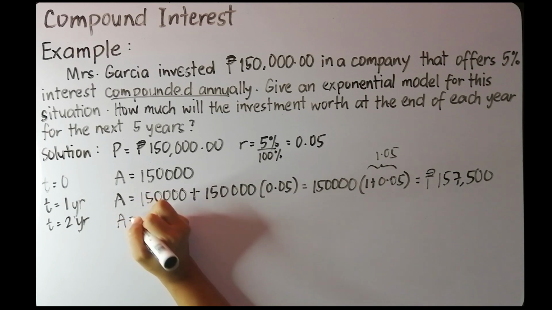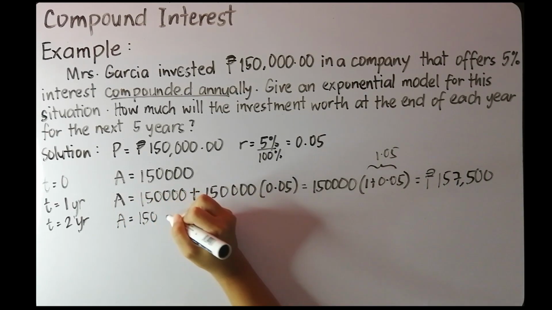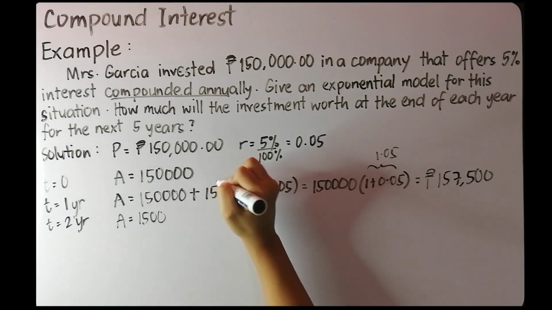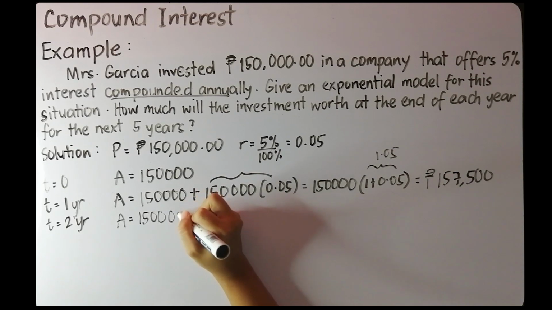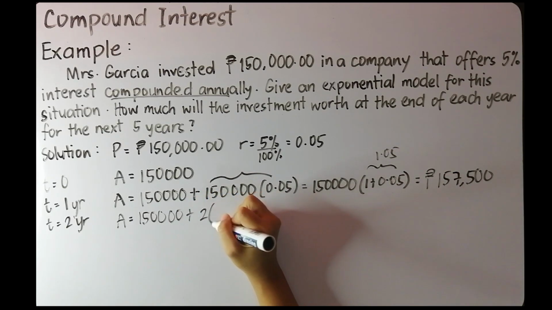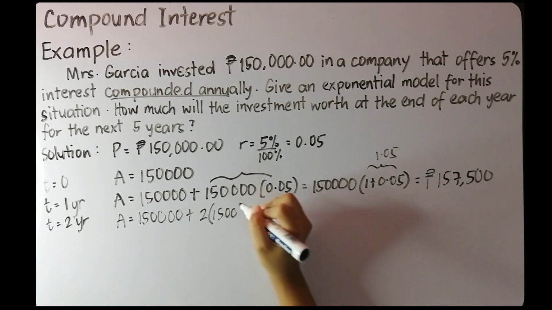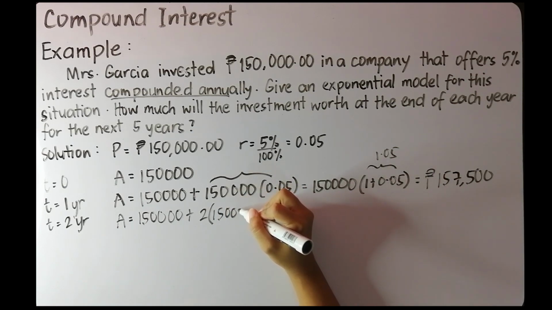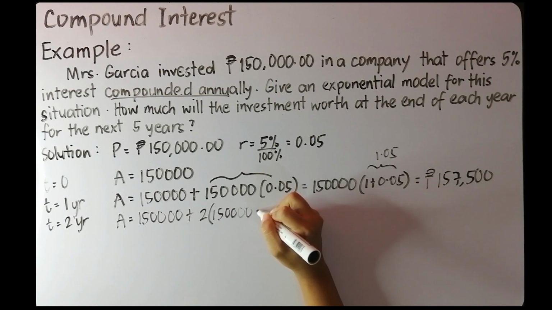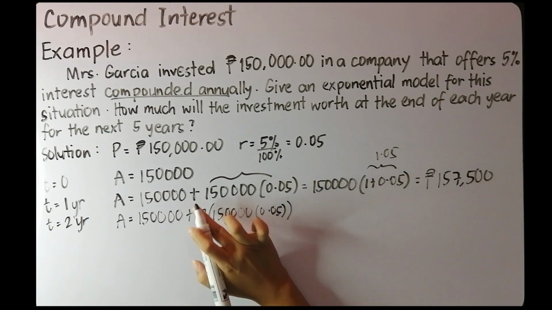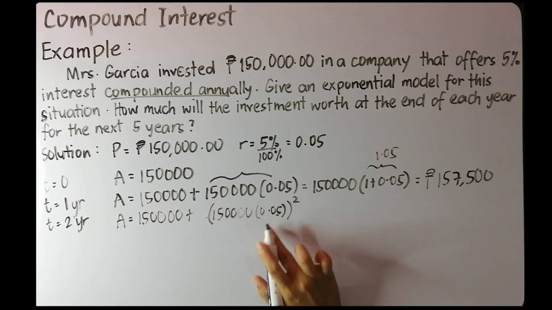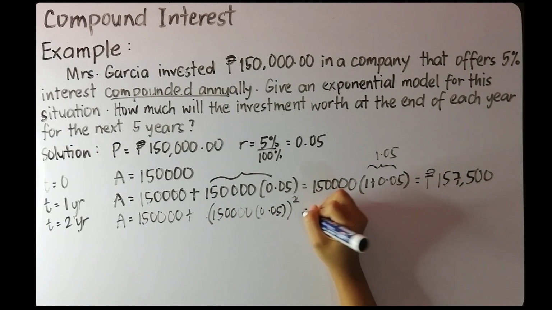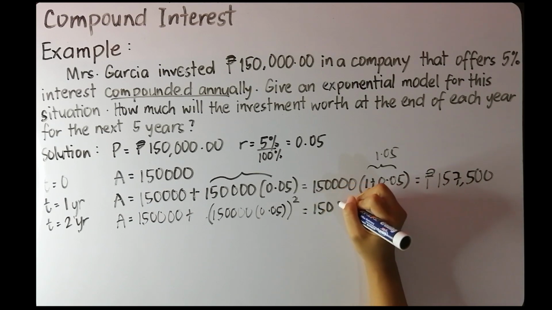Now the investment will be multiplied twice, so we have 150,000 times 1 plus 0.05, squared, because we are multiplying it by itself 2 times.